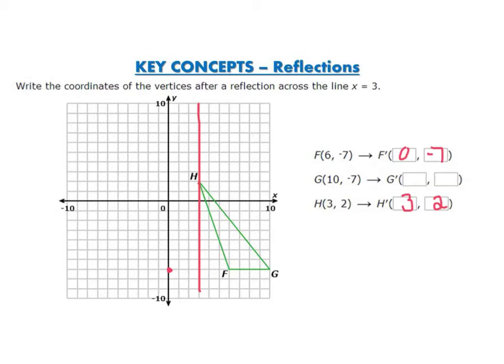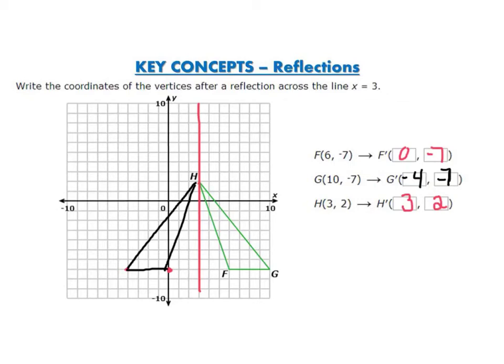And G is 1, 2, 3, 4 points away from F. All right, so now I have my reflected shape. And it looks like that. So my G is at, let's see, -4, -7.